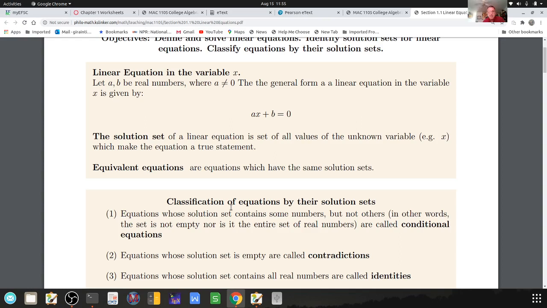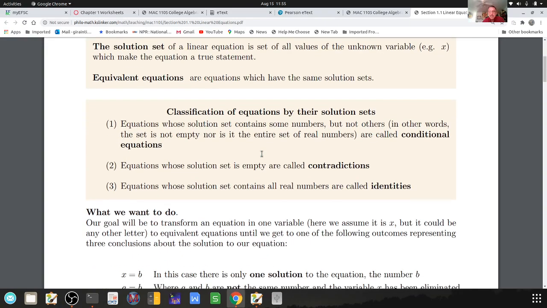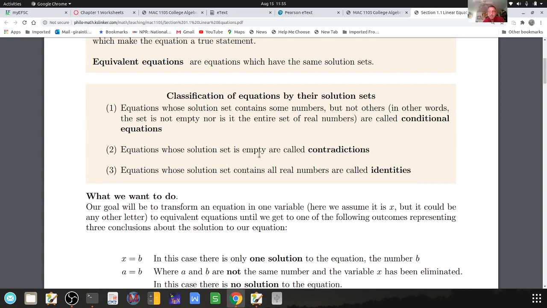The other possibility is no values of x make the equation true. And the final possibility is every choice, any real number that I substitute in for x will make the equation true. And that's exactly how we classify linear equations.